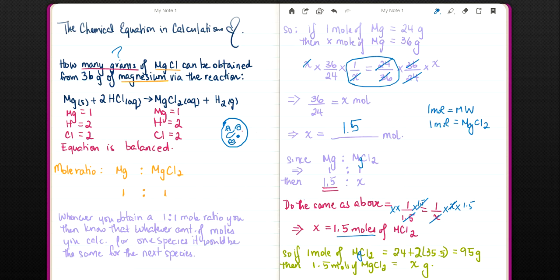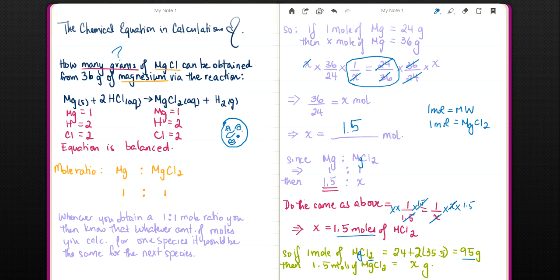Since the molecular weight of magnesium is 24, and that of chloride is 35.5, and we have 2 chloride ions involved here, it's going to equal 71 plus 24 to give us 95 grams. And so then, if 1 mole is equal to 95 grams, and 1.5 moles is equal to x, what is x?